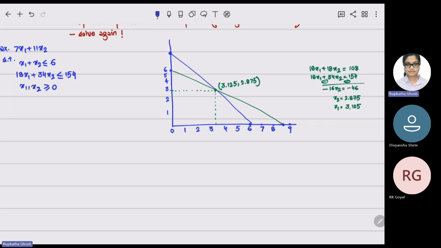Your Z value would be 7x1 plus 11x2. Can you calculate this and tell me what is your Z value?